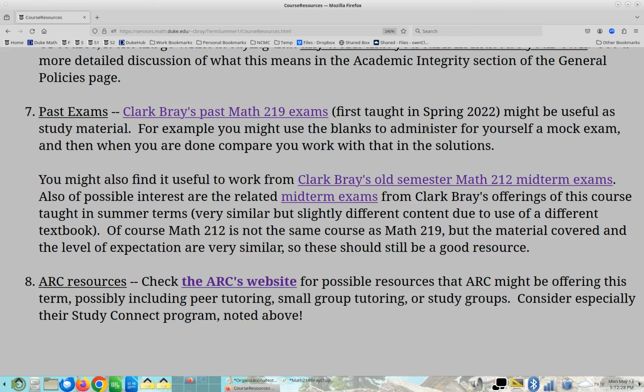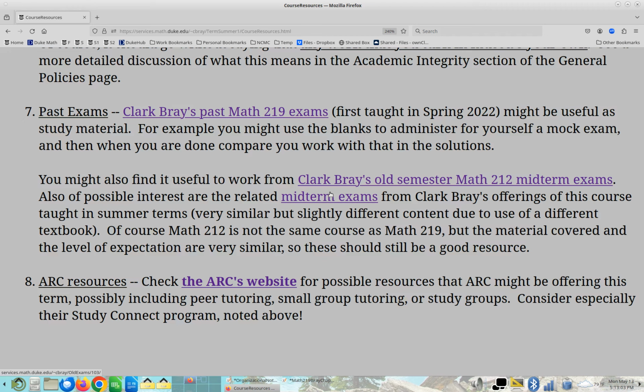Then thirdly, I have a different folder for my midterm exams from when I used to teach summer classes of Math 212, and I did so out of my own textbook. So I have my own textbook that I wrote 15 years ago, I guess at this point. And back when I was teaching Math 212, I wrote the book for that audience with those prerequisites and everything. So that made sense at the time.